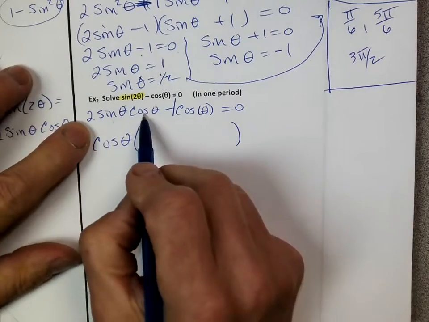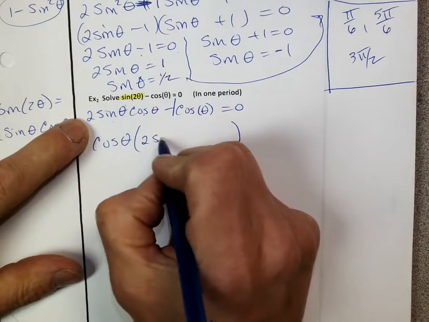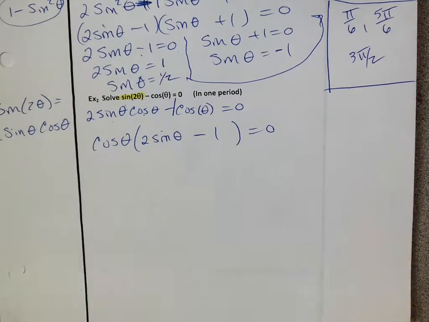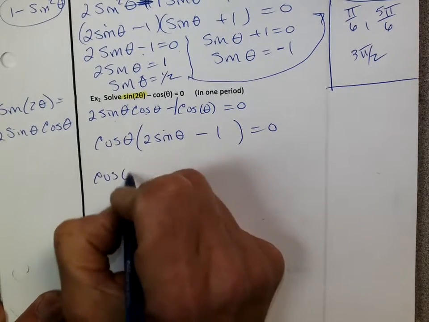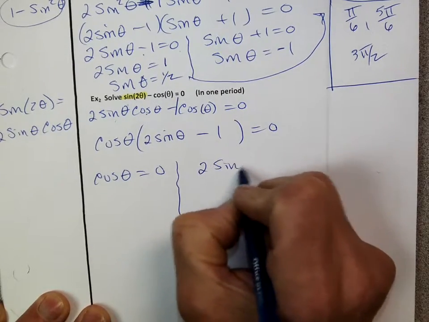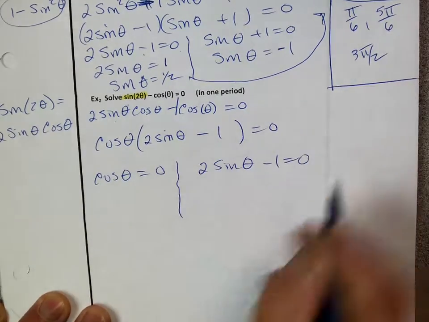So take out the cosine. I'll have 2 sine theta minus 1 equals 0, okay? Now what I want to do with this is write it down in 2 separate parts. I'll have cosine theta equals 0 and 2 sine theta minus 1 equals 0.